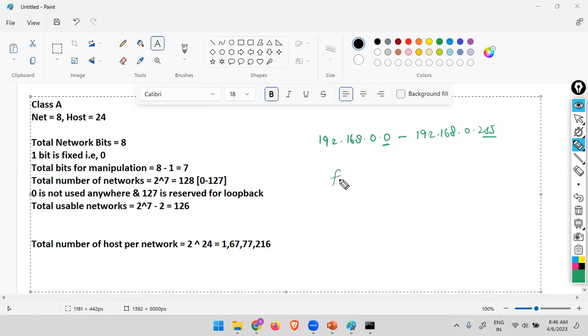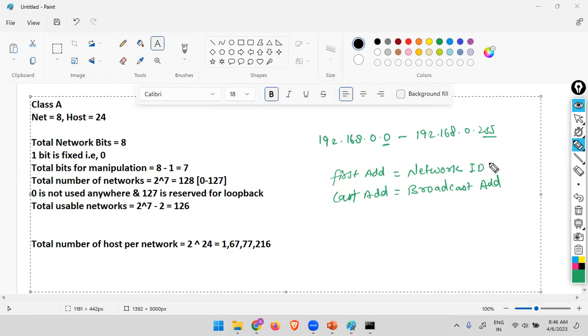The first address is reserved for the network ID. This is how we define that we belong to this network. The last address is reserved for the broadcast address of that network. If you want to ping the entire network, just ping this last IP and the ping will go to the entire network, meaning broadcast traffic.